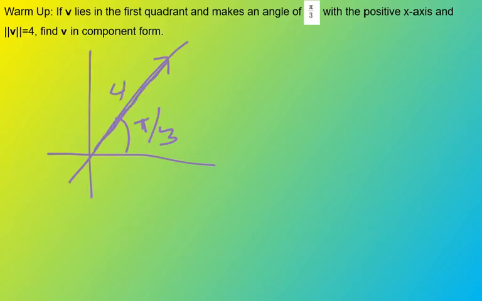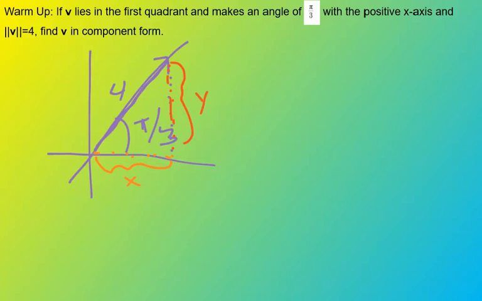And the goal is just find this vector in component form, and that means that we really just need to find the height of this vector over here. So what is the y component? And then we need to figure out the x component right there. And basically, you can just do this with trig, right?